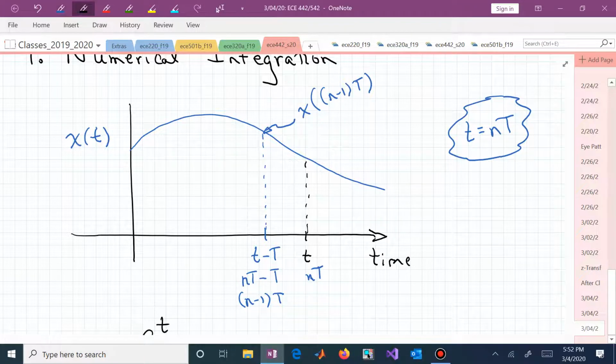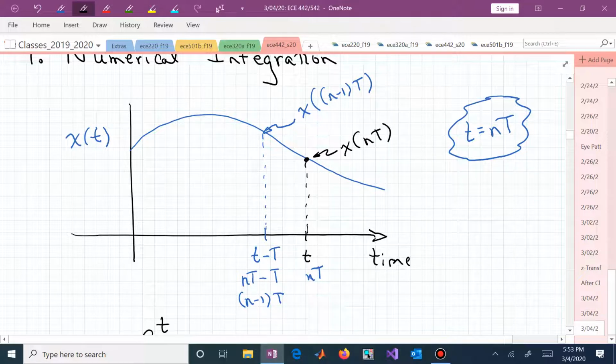And this point right here on our x of t curve can be written as x of little n capital T. We're interested in the area under the curve. So up to time quantity n minus 1 times capital T, we want this area.